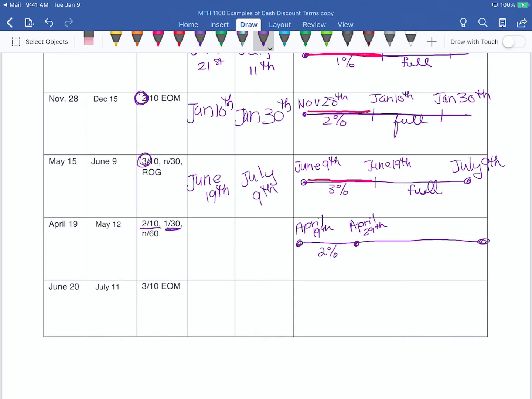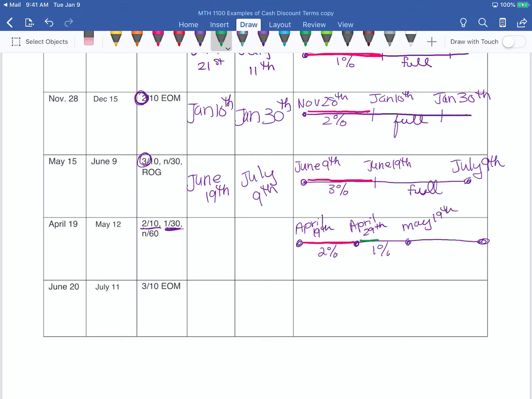Then this tells me if I pay within 30 days of April 19th, then I would get a 1% discount. So 30 days from April 19th would be May 19th. And I would get a 1% on that period. So from here to here, I would get a 2% discount.